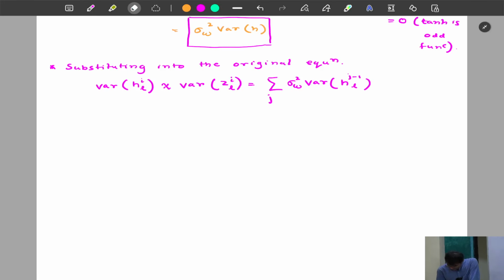Sorry, the minus 1 is at the bottom. This one, right? Everyone follows?